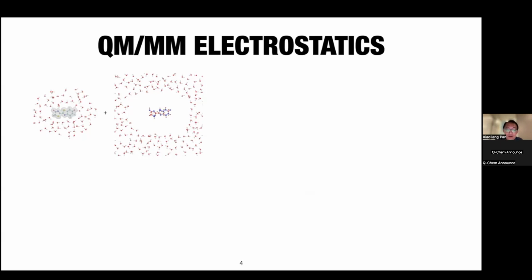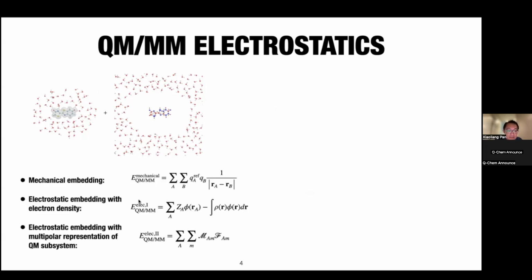So a typical strategy to do QM/MM in an extended system is to divide the environment into two regions. One is the near field region. Here, usually we will just use regular electrostatic embedding, that is, the nuclei and the electron density just interact with the nearby point charges.